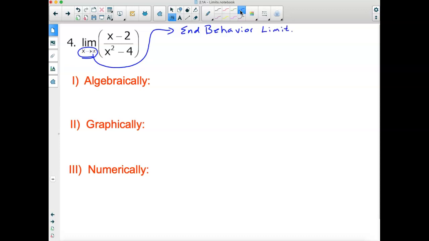When I am doing end behavior limits, what we are technically doing is we are horizontal asymptote hunting. Okay? We're horizontal asymptote hunting.